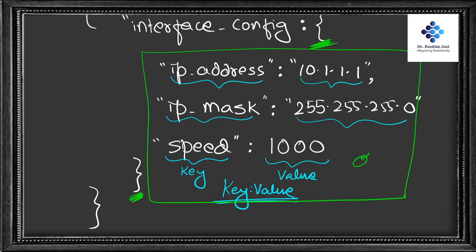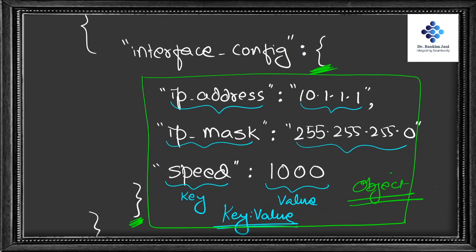So that means this is an object, and then this is also an object, as it is starting here and ending here. So this is also a JSON object. So here it is like object in object.